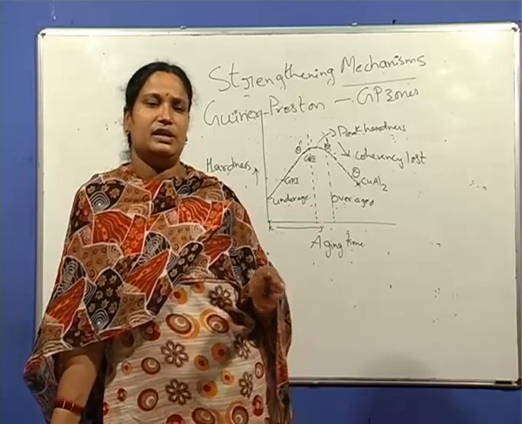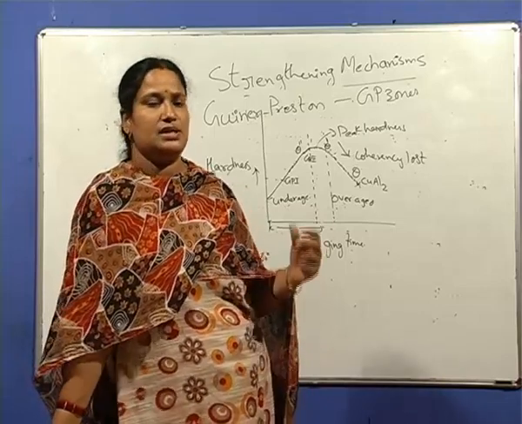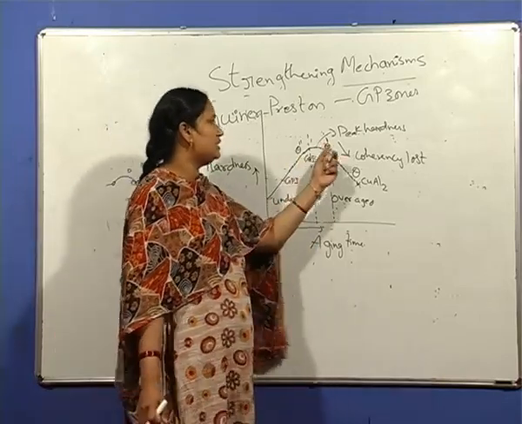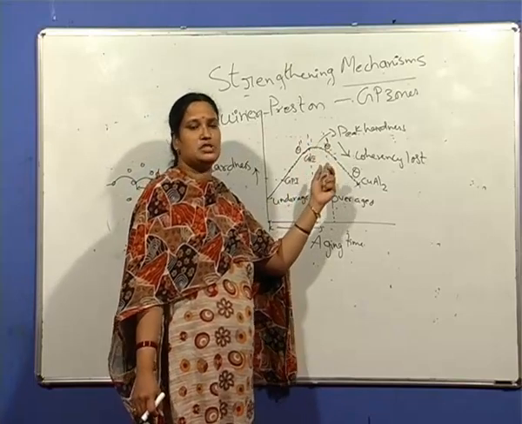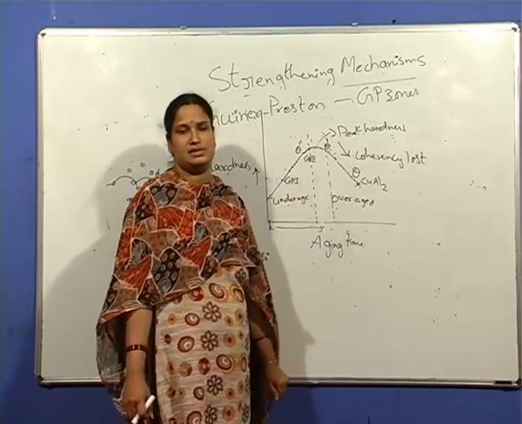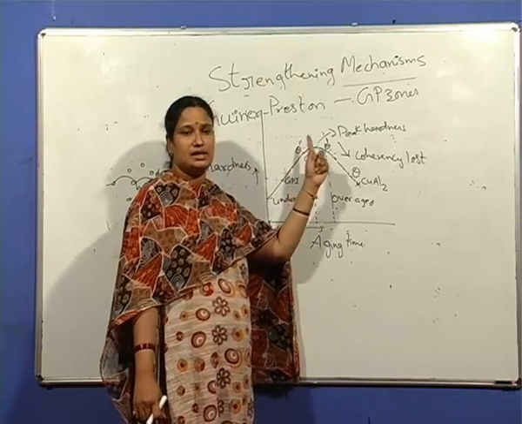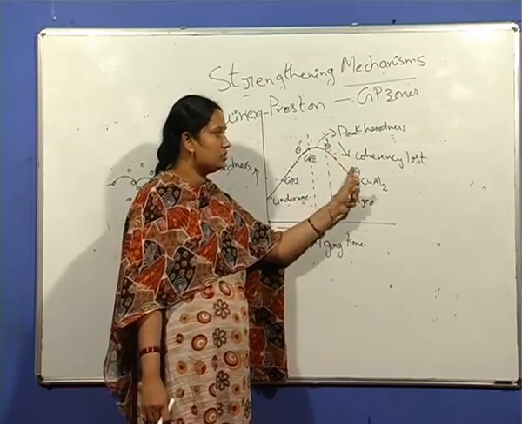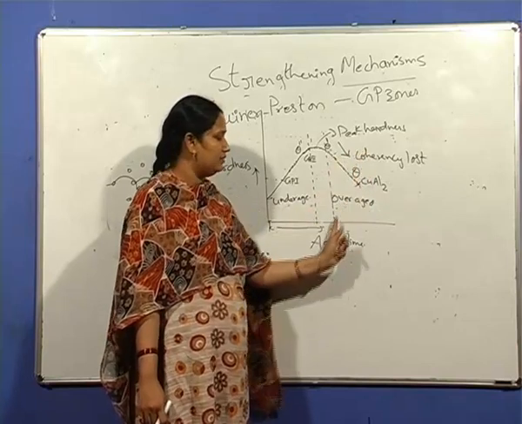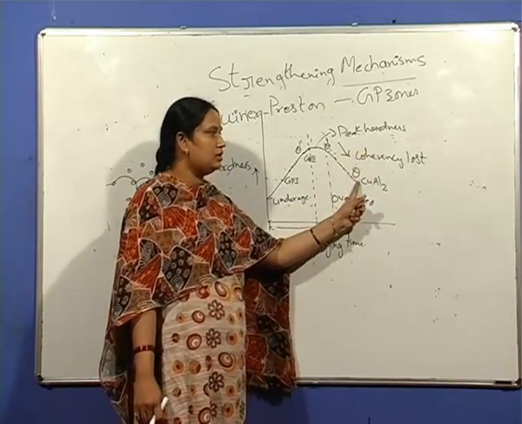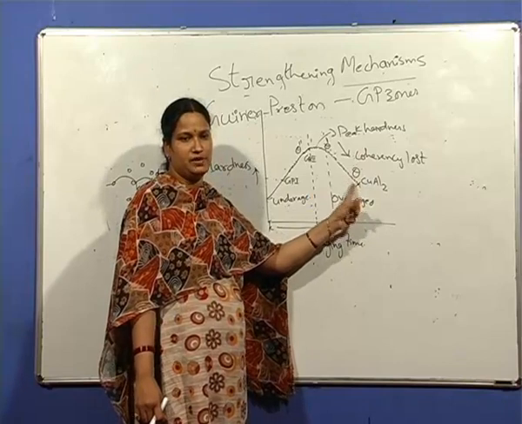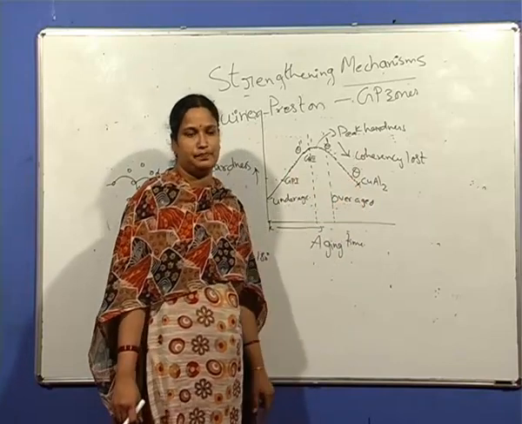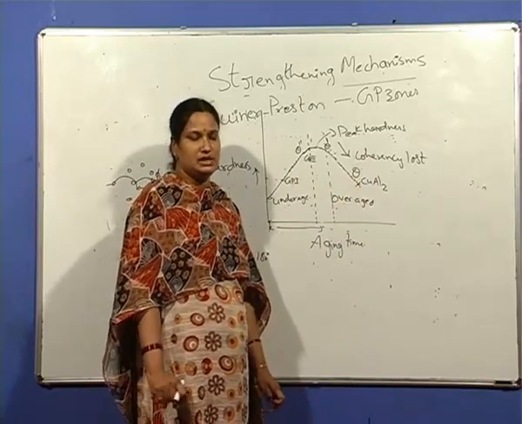With still further increase in aging time, these clusters grow in size and form theta prime, which is coherent with the matrix. Thereby the hardness increases, that is the peak hardness, and finally the coherency is lost with further increase in time, and the equilibrium phase, theta phase, forms. Coarsening of the precipitates takes place.